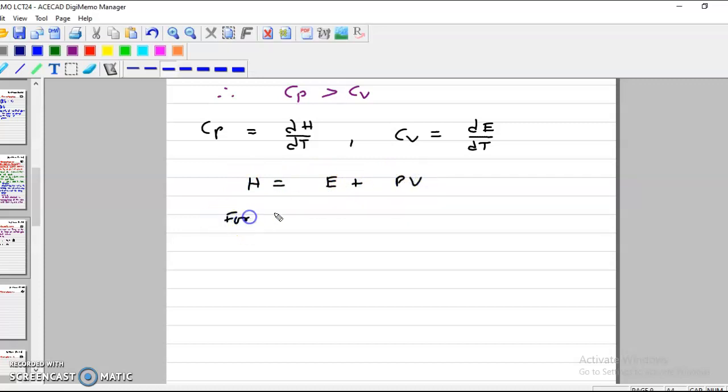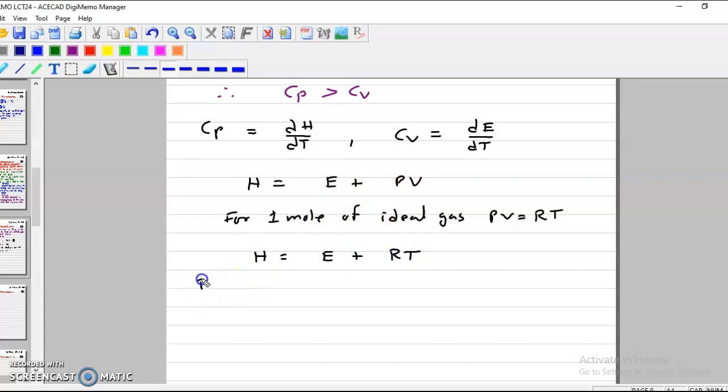For 1 mole of ideal gas, PV is equal to RT. So we substitute this value over here, and we write H is equal to E plus RT.